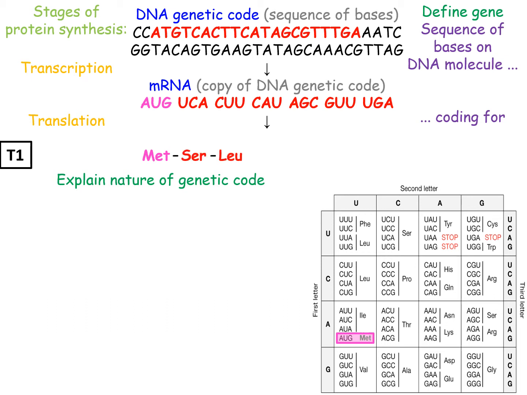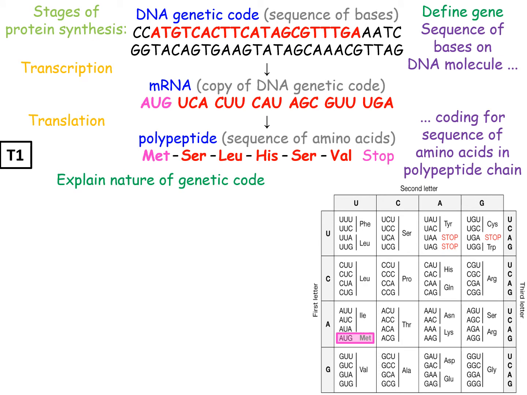The next one is ser or serine, leucine, and so on. The UGA codes for stop. That's when you know when not to add any more amino acids. So a gene is a sequence of bases on a DNA molecule that codes for a sequence of amino acids in a polypeptide chain. And that is the whole point of protein synthesis, to use the instruction of a gene, the genetic code, using that instruction to put amino acids in order to make the polypeptide.